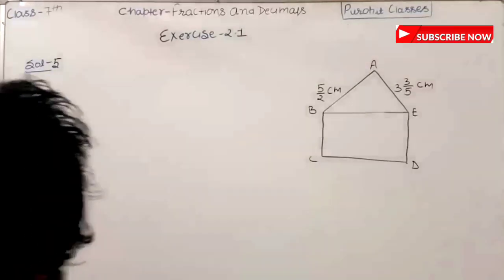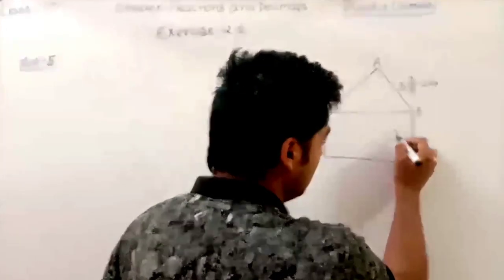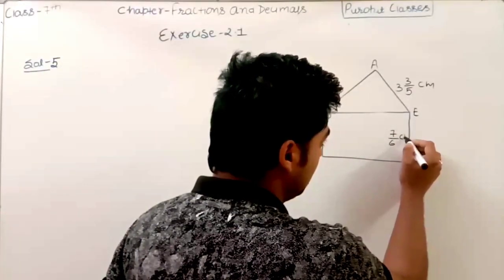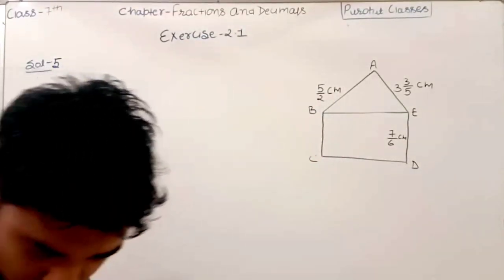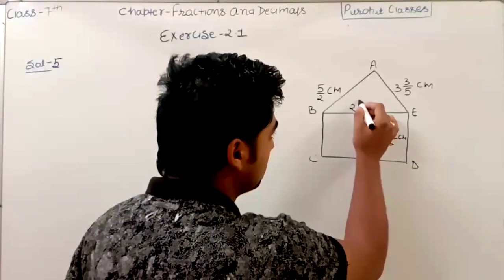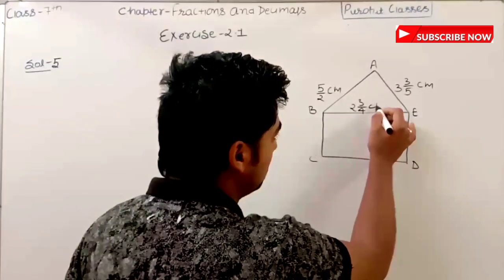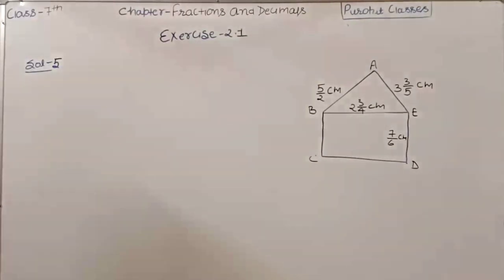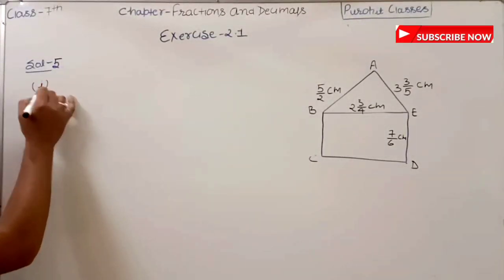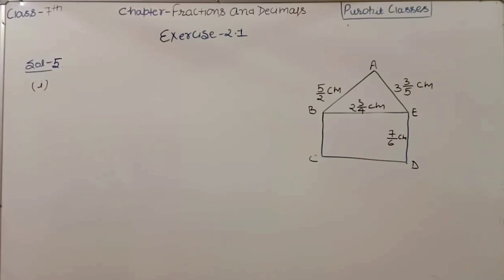Next is 7 by 6 centimeter. Next is 2 whole 3 by 4 centimeter. So in the first part it is asking the perimeter of triangle ABE.